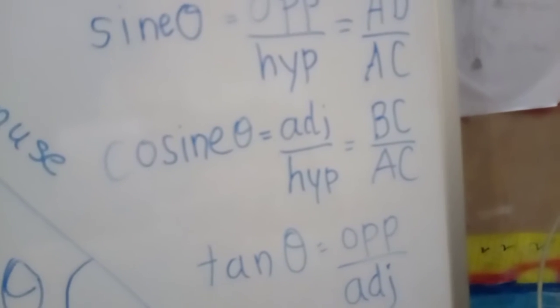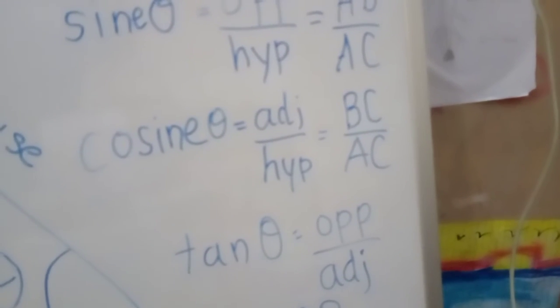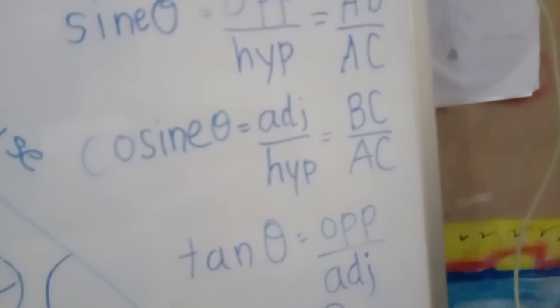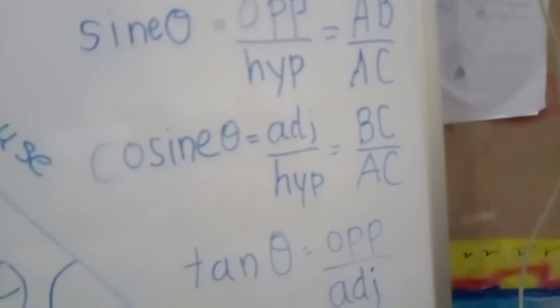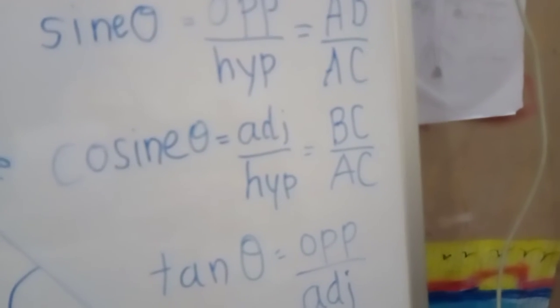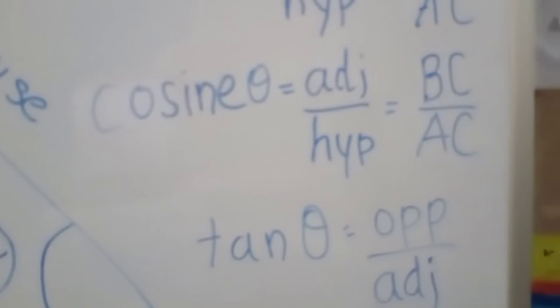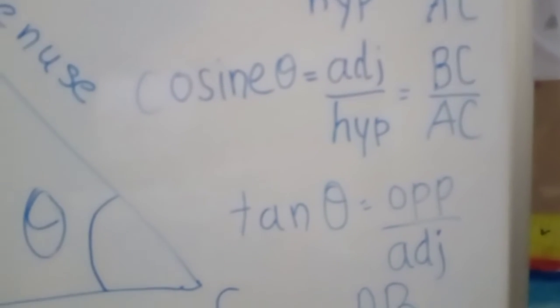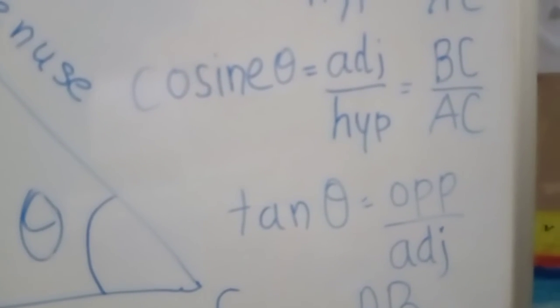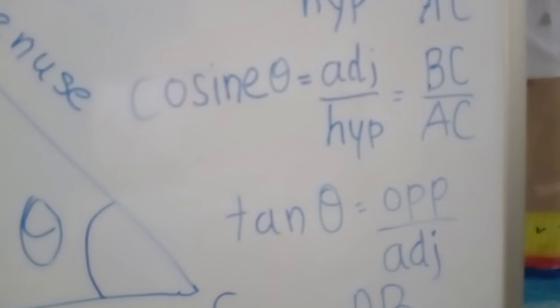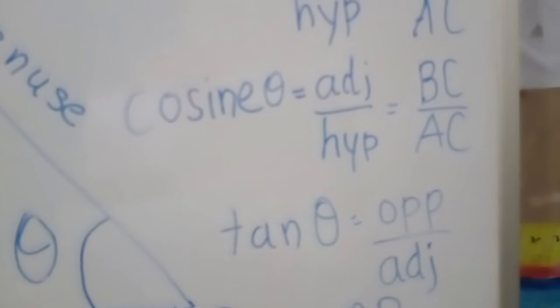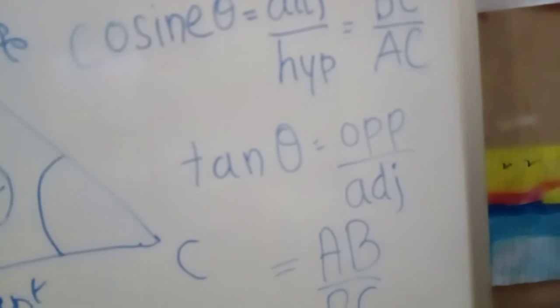Next, we have defined cosine theta. Cosine theta, or in short just cos theta, is adjacent side divided by hypotenuse, that is equal to BC divided by AC. The words BC and AC define the lengths of my sides BC and AC.